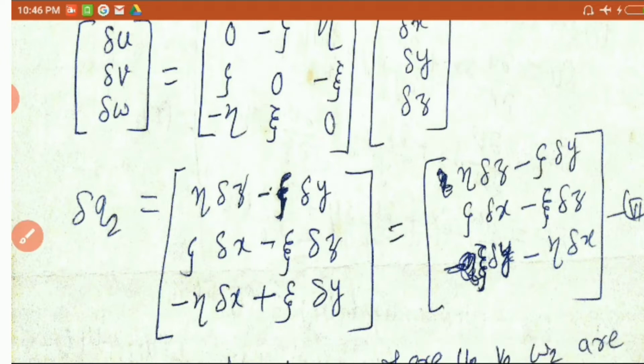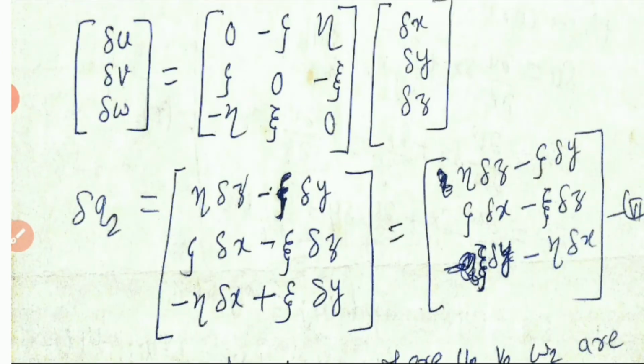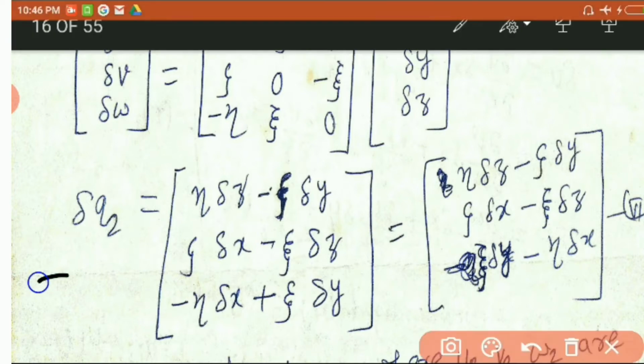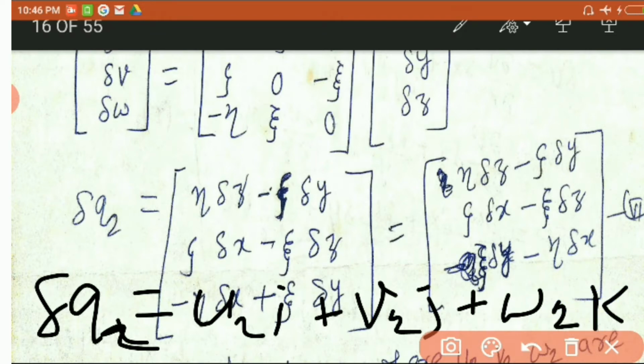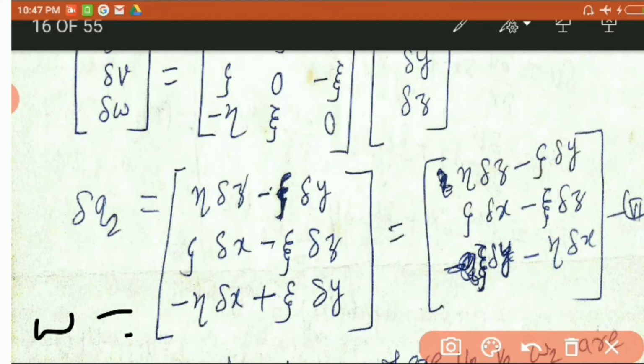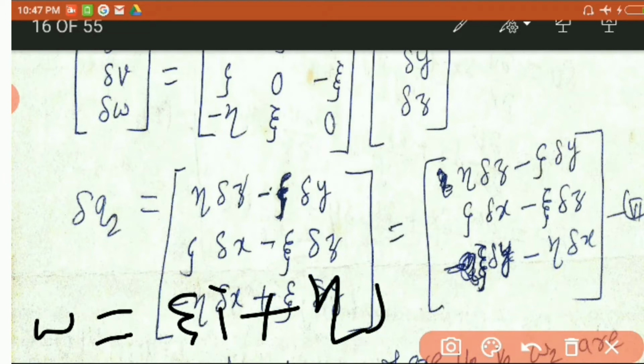Now let this delta q2 be u2 i plus v2 j plus w2 k. Here u2, v2, w2 are the components of this equation 6, and let omega be equal to xi i plus eta j plus zeta k.